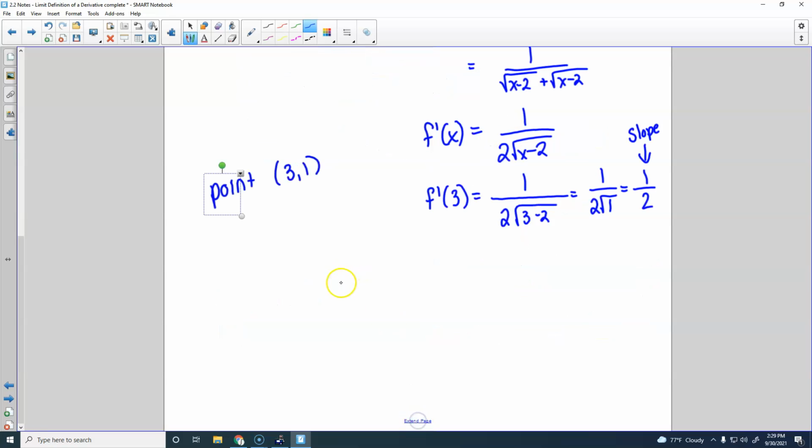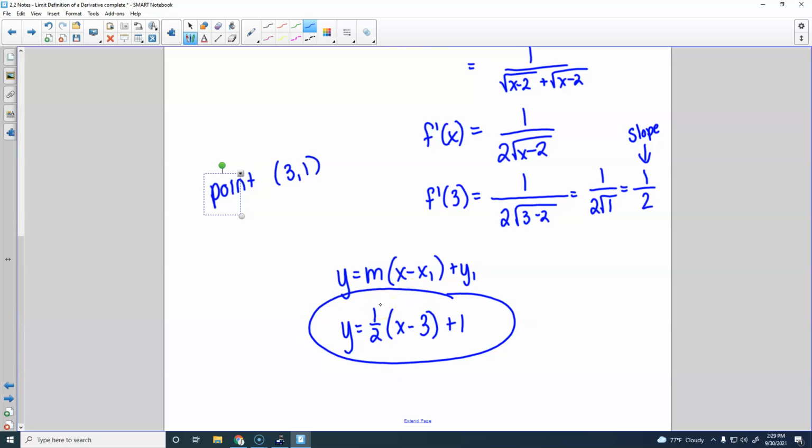So I want you using that point-slope form, y equals m times (x minus x1) plus y1. So it's y equals 1/2 times (x minus 3) plus 1. And leave it like that. Don't simplify it, because you might make a mistake if you simplify it.